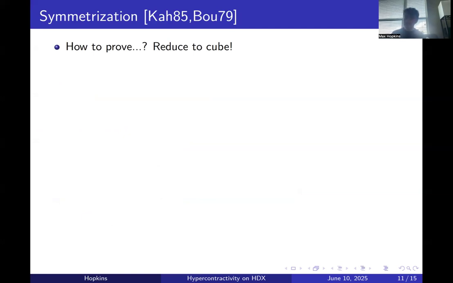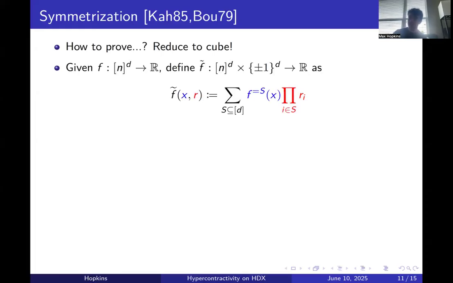We don't have access to a lot of tools that we're used to using on the cube. So the core idea pioneered by Kahane and Bourgain is to try to symmetrize the function in some way that allows us to reduce to analysis on the cube. What do I mean by this? Well, given a function f on [n]^d, Kahane and Bourgain defined its symmetrization to be a function f tilde on [n]^d Cartesian product with {plus minus 1}^d, which just hits every Efron-Stein component with a corresponding character of this Boolean string r.